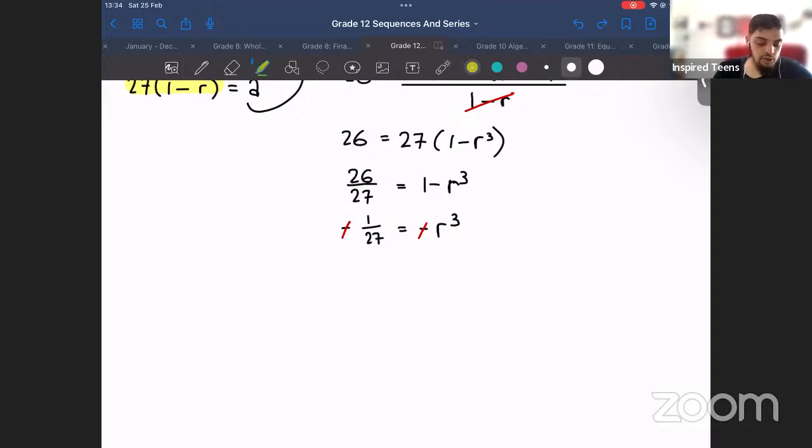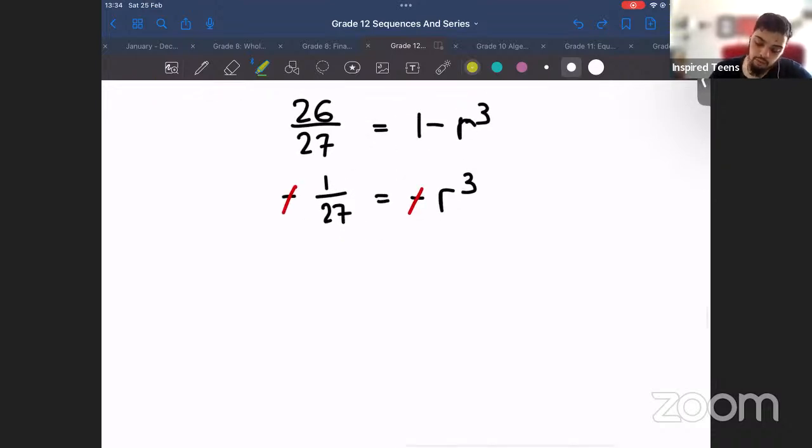When I do shift fact for 1 over 27, if you've tried it, you'll notice that you'll get an error. Whenever your number is in the denominator, bring it to the numerator, or alternatively, you can just shift fact the denominator, so 27. It's not a fraction, and it's going to give you 3 to the 3.